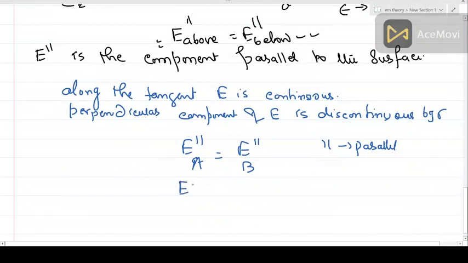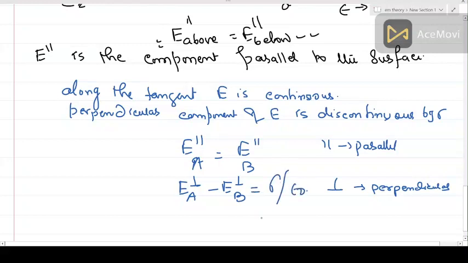And E perpendicular, this is the sign for perpendicular, here you have a discontinuity: the perpendicular components above and below the surface differ by sigma by epsilon naught. These are the two equations.